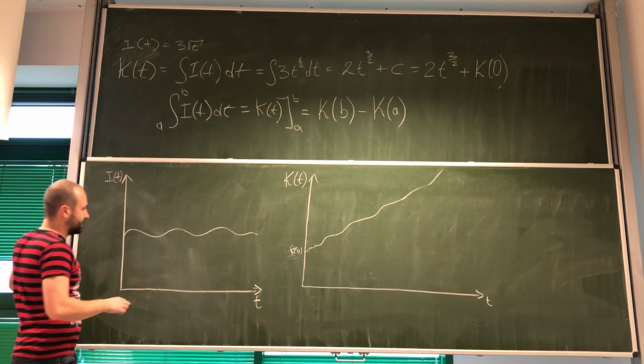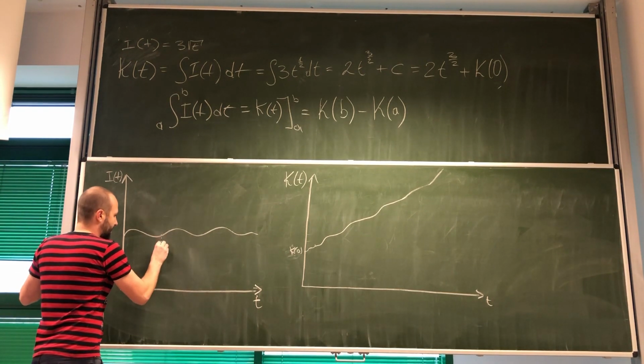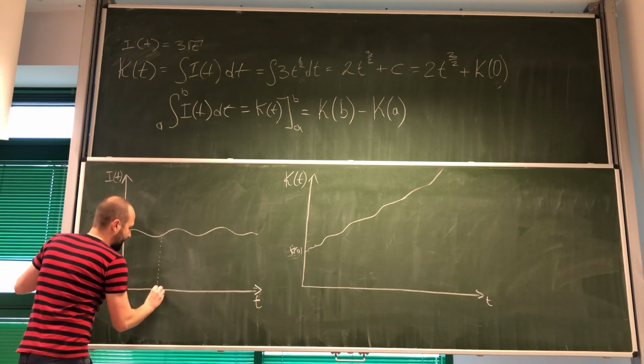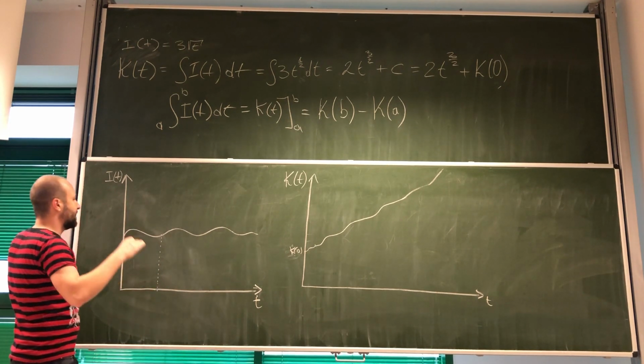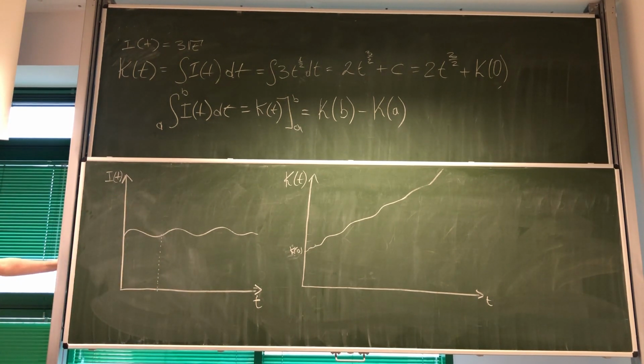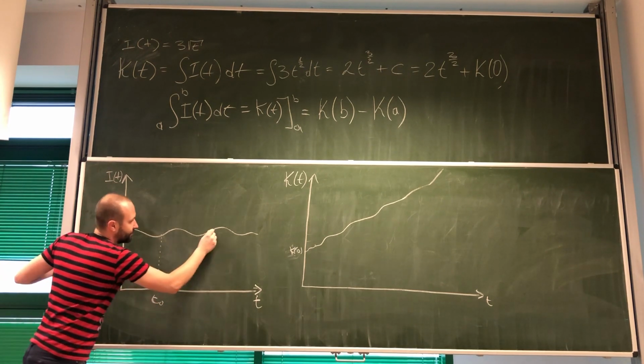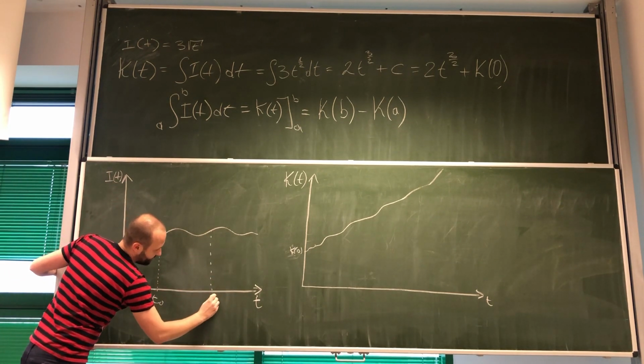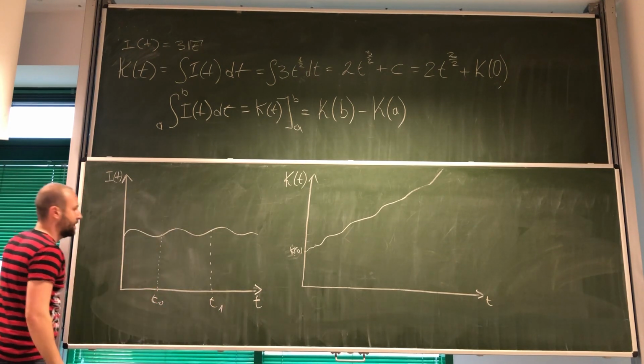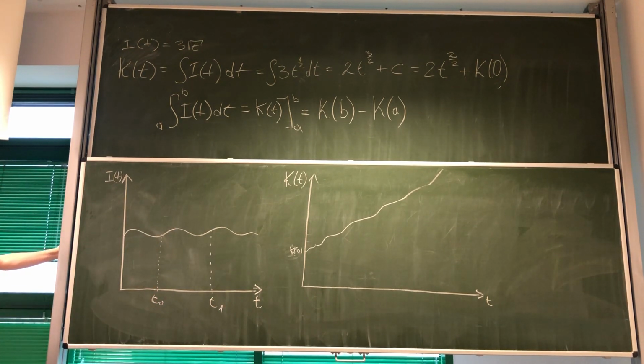Okay, so now let's see. I'm interested in how much capital was formed, accumulated from time t0 to some time t1. How would I do it?